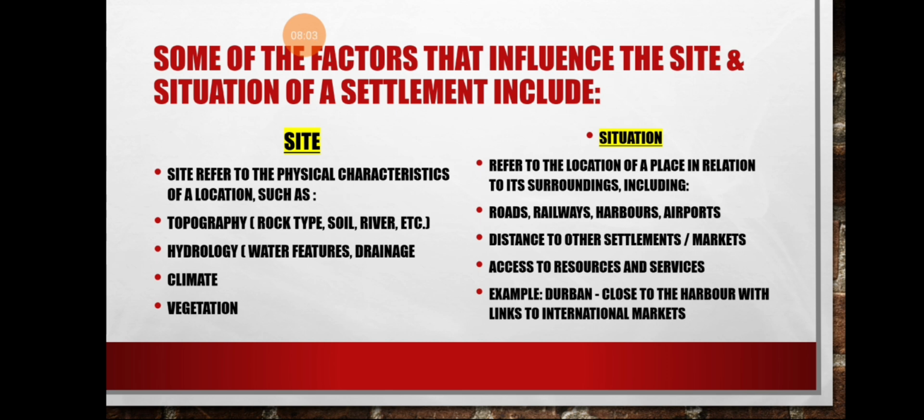The road to have access to commodities if they practice the primary activities. Distance to other settlements or market. People in that settlement must be close to other settlements or to markets. Just imagine if you are living far.